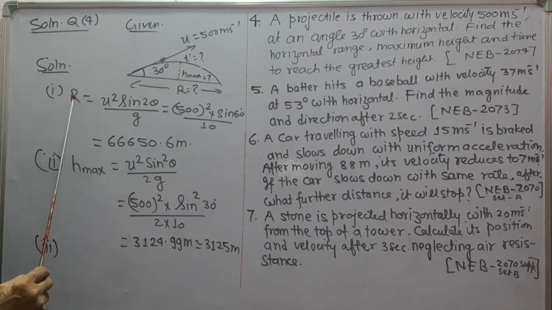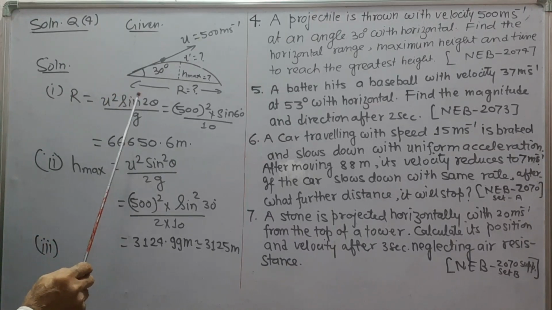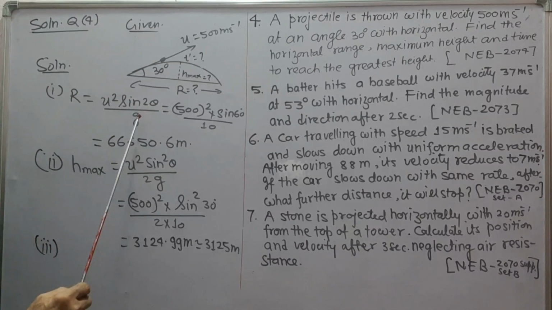Range r is equal to u square sin 2 theta upon g. Putting the values, we get r as 66,650.6 meters. Now h max is given by the relation h max is equal to u square sin square theta upon 2g.